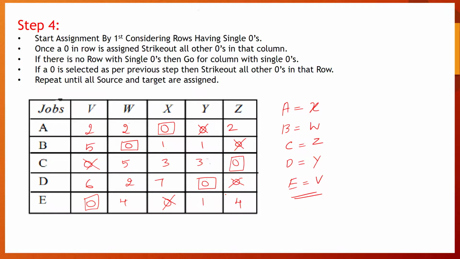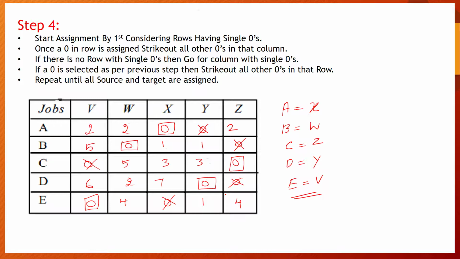In step 4 we have done the assignment. Here what we need to do is find the row with a single 0. If we don't find a row with a single 0, then we need to find a column with a single 0. When you find a row with a single 0, box that 0 and cross out all the other zeros in that column.